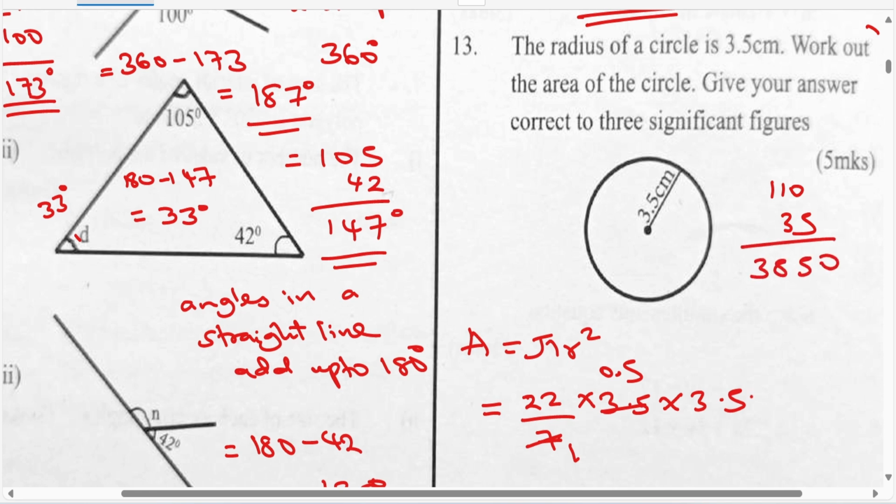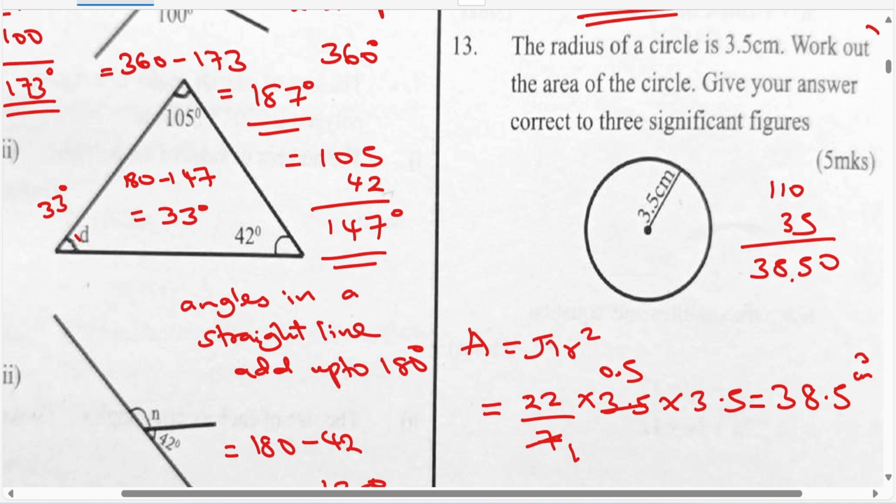Okay, but since there's 2 decimal places, it becomes 38.5. So 38.5 centimeter square. So to 3 significant figures, it should still be the same way.